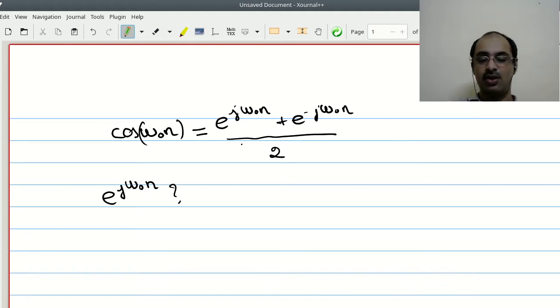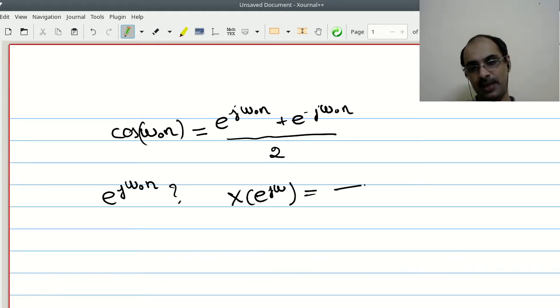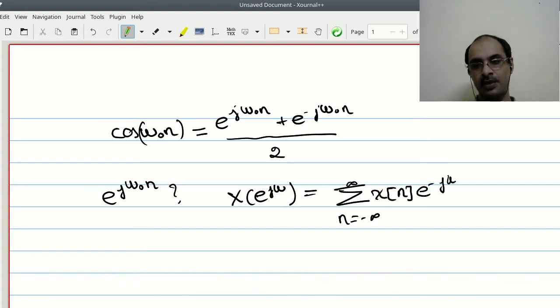So if you define what the DTFT is, the DTFT of a signal is x of e power j omega, summation n is equal to minus infinity to infinity. I mentioned to you the Fourier series coefficients, right?